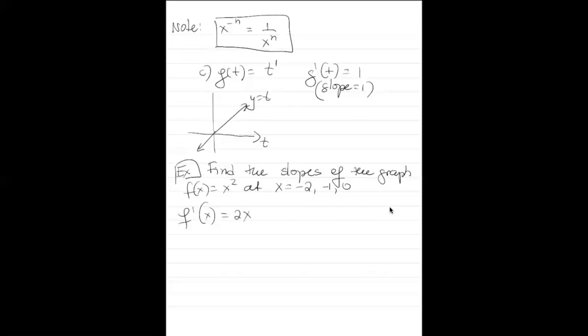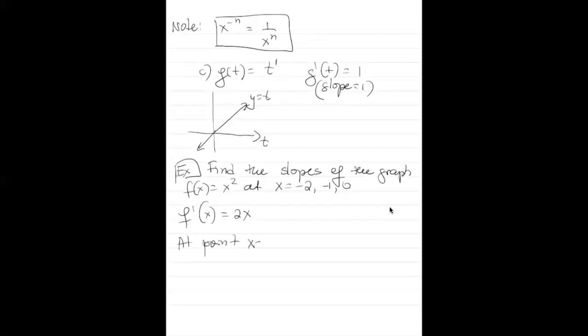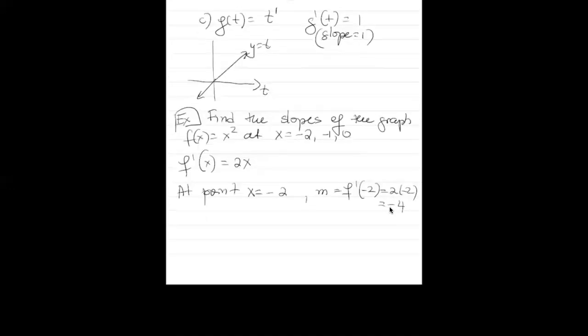That will be 2x according to our formula number 2. So at the point x equals negative 2, the slope, which is the same as the derivative, f prime at negative 2, would be 2 times negative 2, or negative 4.